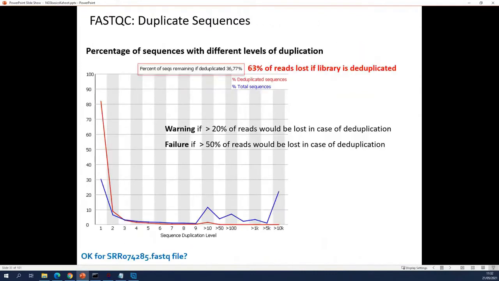So what you see here in this example is that you do have unique reads, but you also have reads that are duplicated a low number of times, and you have reads that are duplicated a lot. But you also see that when you remove the duplicates, you get here a straight line. Not here, but here you get a straight line.